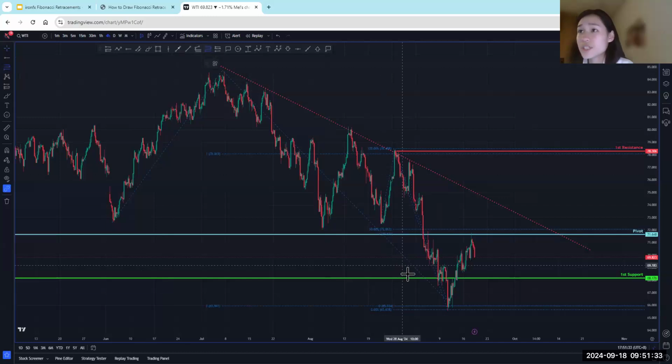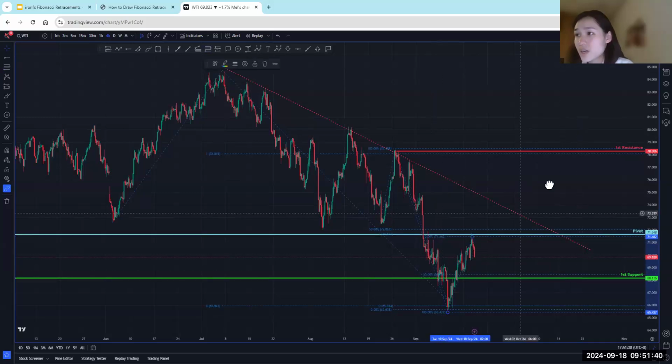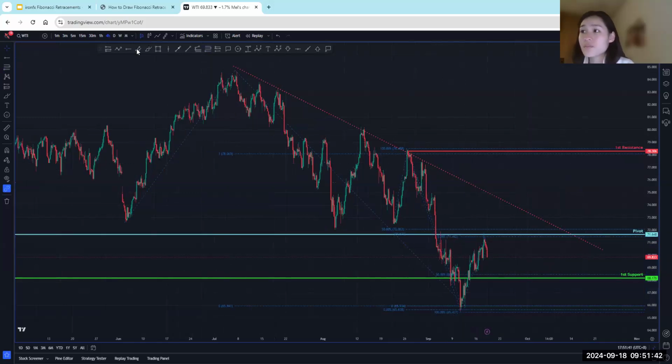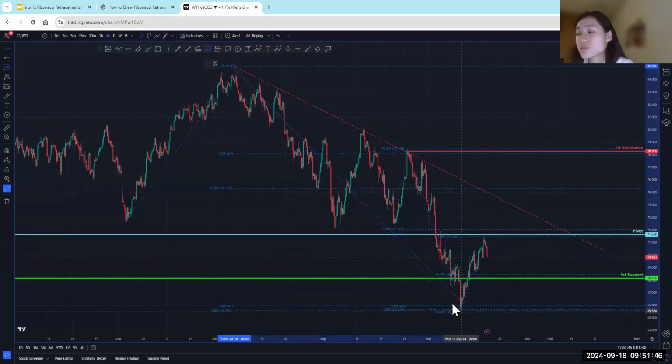Another retracement from the swing low to the swing high here. 50% lines up nicely with our first support. Another retracement from here. Actually, I think this retracement deviates too far.